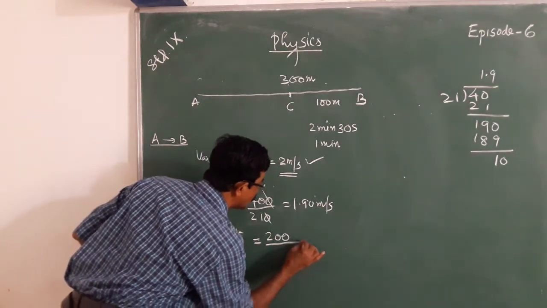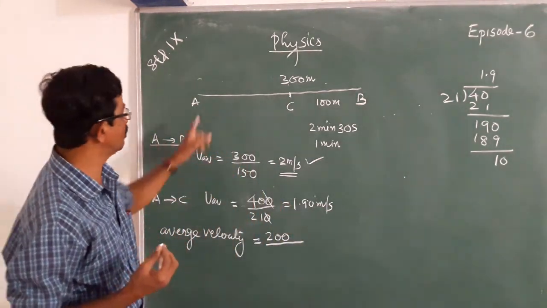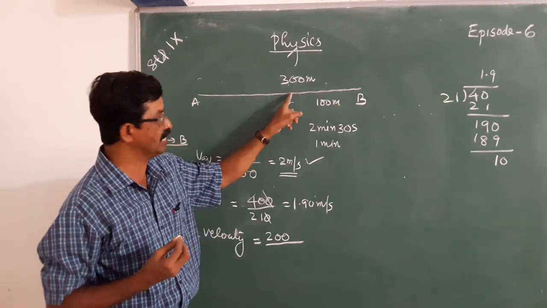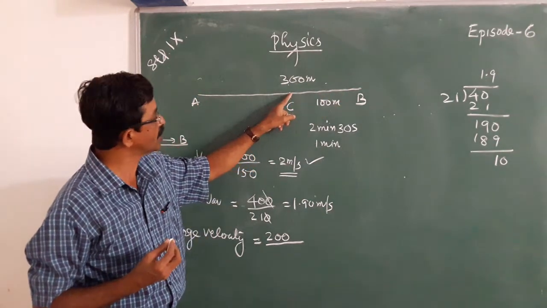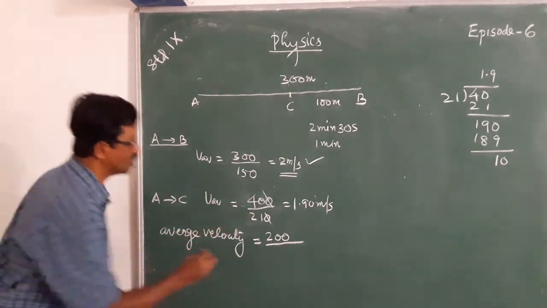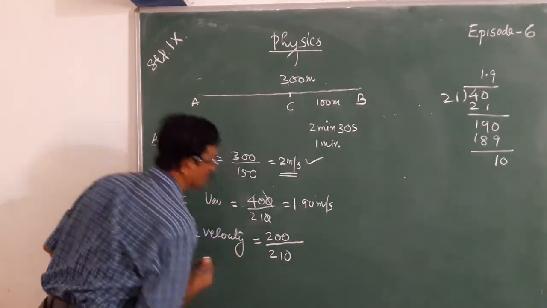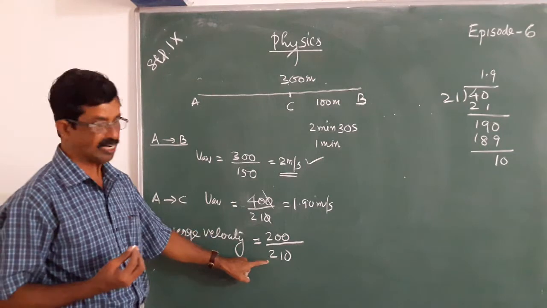Total displacement is 200 meter. The time taken from A to B and returning to C is 210 seconds. That is total displacement by total time.